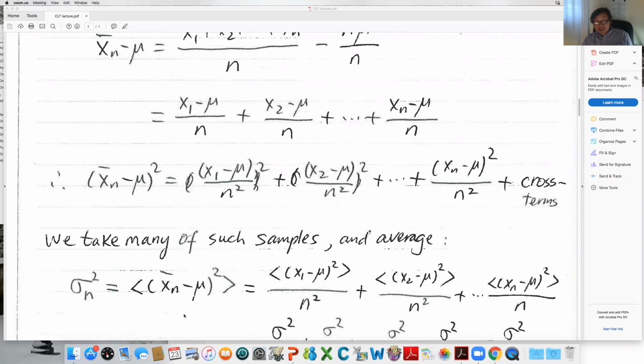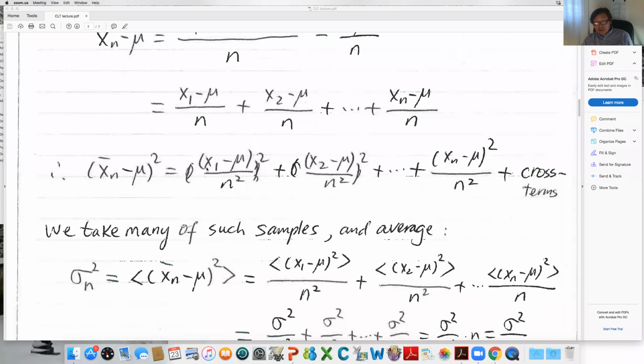So what I get is, I average these n times of the squared terms, sum them, and then divide by n. I should emphasize that this average means I take a measurement of some quantity n times and then divide by n.